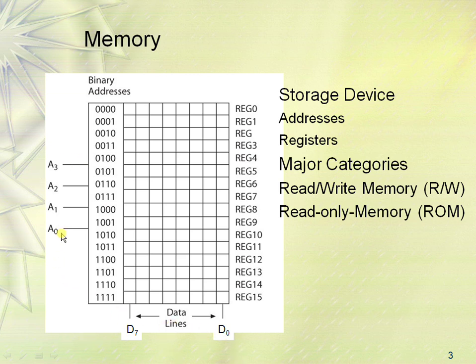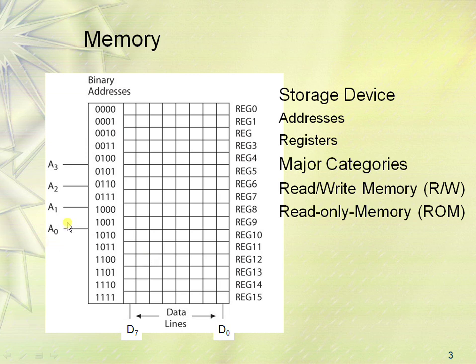Address lines are used for selecting one particular memory location out of the memory locations, data lines are used for transferring information to or from the memory device, and control lines are used for specifying the type of operation we are going to carry out with this memory device.